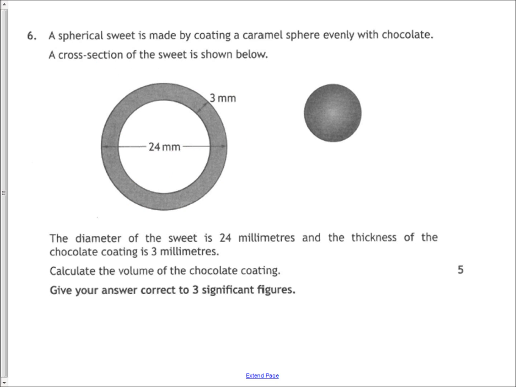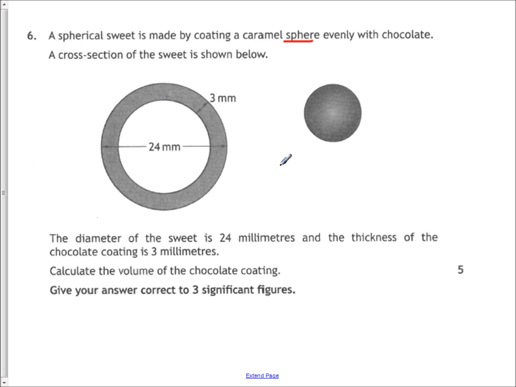So question 6, and you've got something similar to a Malteser. We've got a sweet covered in chocolate, a spherical sweet. And when you see the word sphere, you should be thinking, okay, formula sheet, volume of a sphere. The formula is there for me. It's just composite volume, so the coating is going to be the difference between the large sphere and the small sphere.